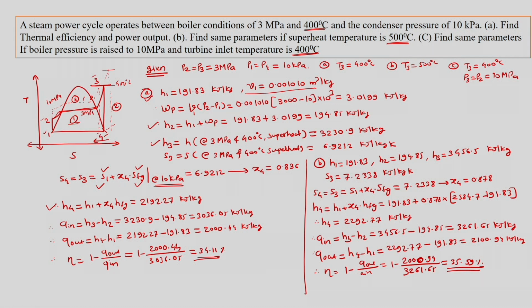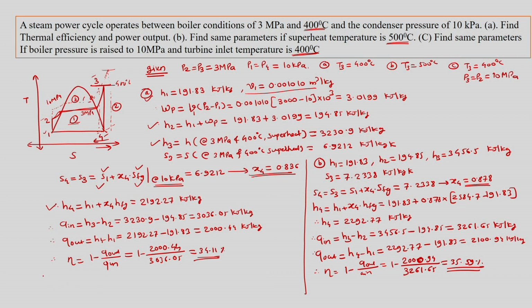In the first case we found X4 was 0.836, and in the last example, for the same boiler pressure, when we increased the turbine inlet temperature, we see that the dryness fraction increased. So later we got X4 as 0.878.